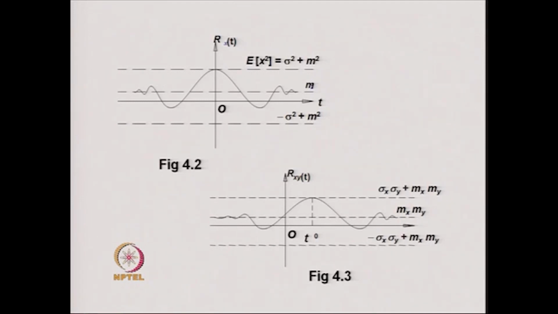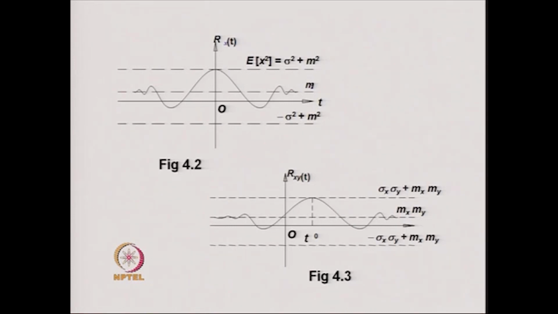Figure 4.2 shows the variation of the autocorrelation function Rx(tau) with tau, and it is seen that the value of Rx(tau) becomes maximum at tau equal to 0, as would be expected, and the value of Rx(tau) at tau equal to 0 is equal to sigma square plus m square, where sigma square is the variance of x and m square is the square of the mean value.